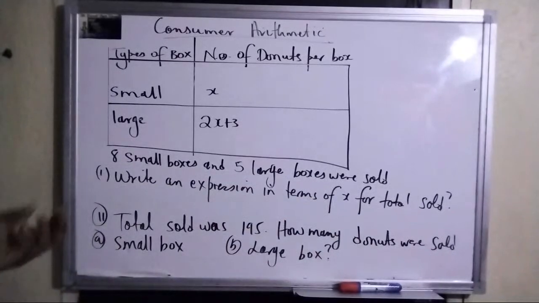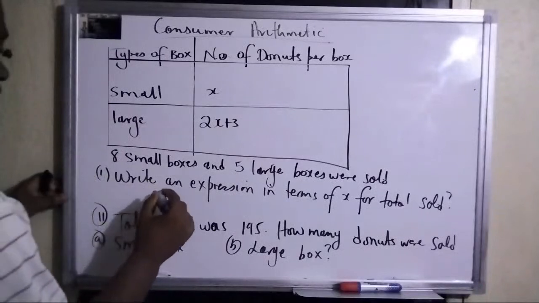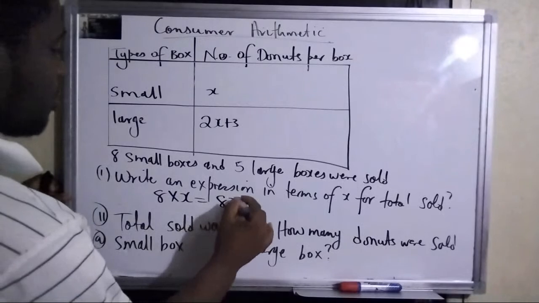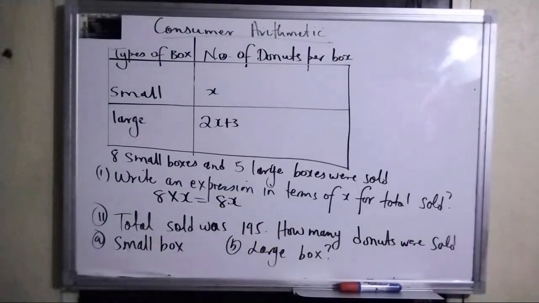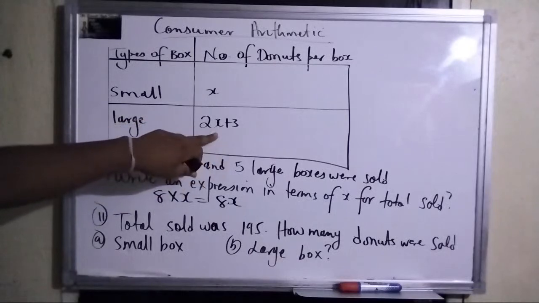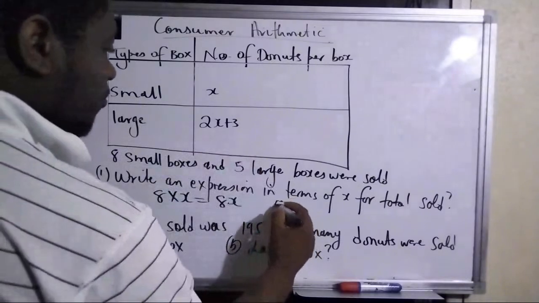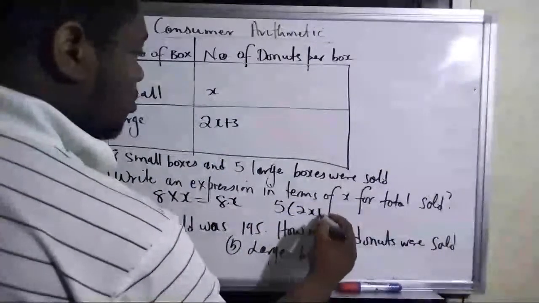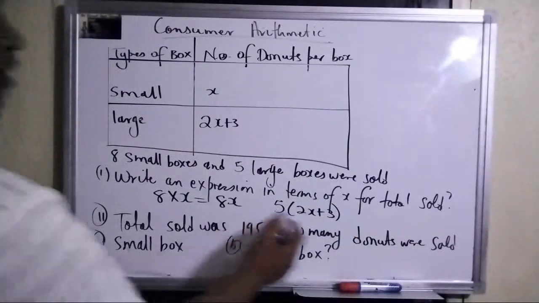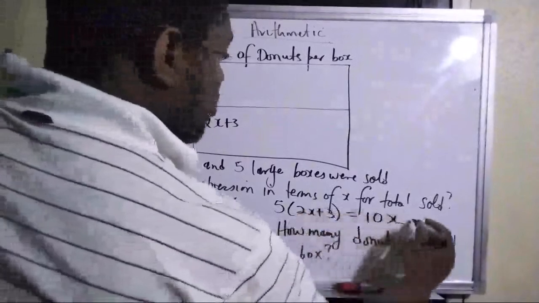First, if 8 were sold, that would be 8 times x, so I see where you got that. That is 8x for the small box. Now the large box: 5 of these were sold, and per box it is 2x plus 3. So that would be 5 times (2x plus 3). Remember, we have to expand the bracket. 5 times 2 is 10x, and 5 times 3 is 15.